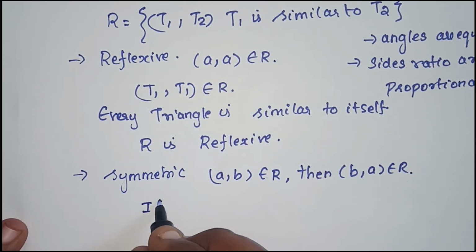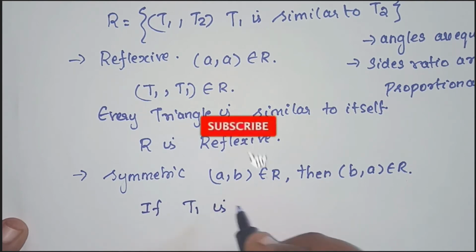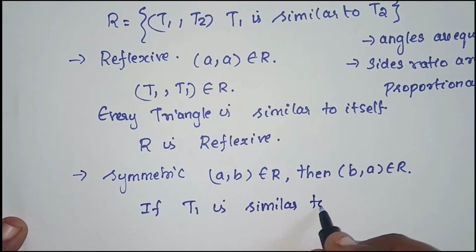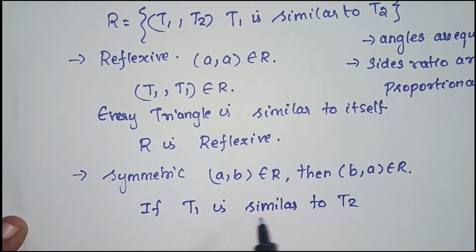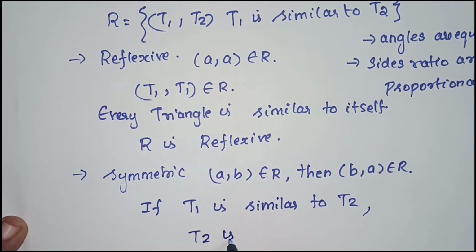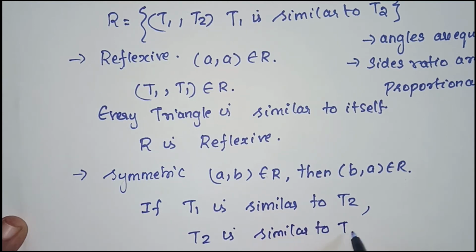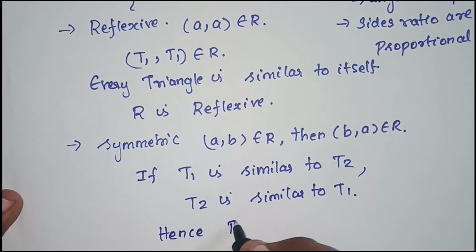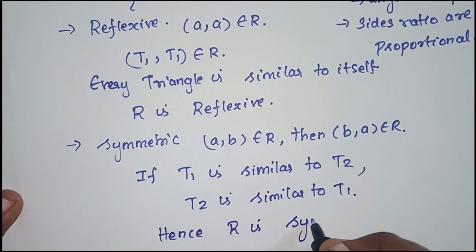If triangle T1 is similar to T2, then automatically T2 is also similar to T1, right? So hence R is symmetric.